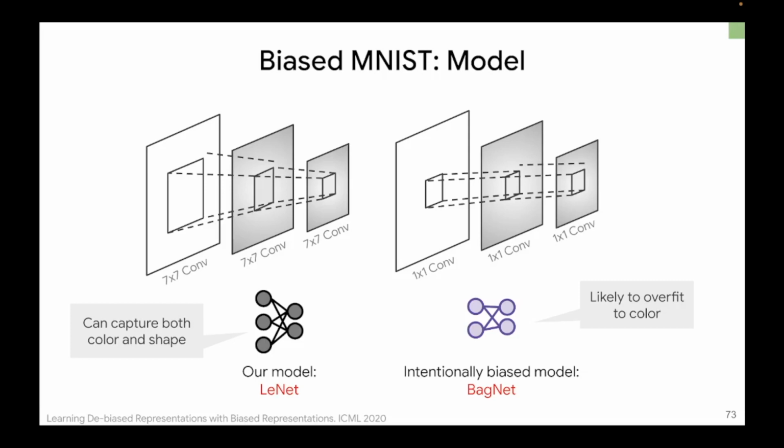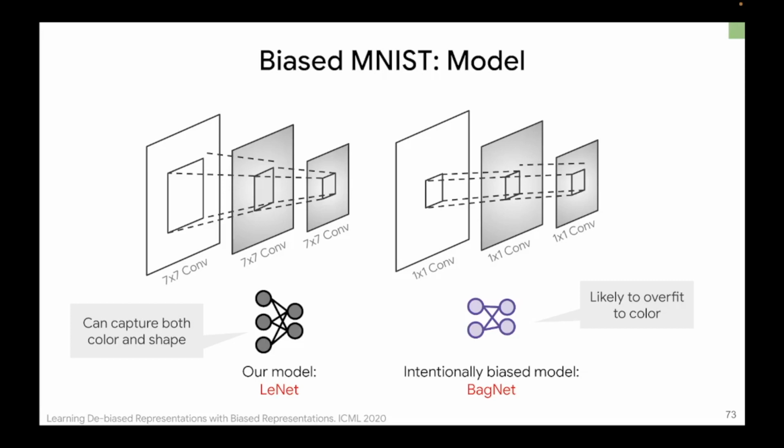And now we have the biased MNIST model. So how are we going to capture this intentional bias to color? One possibility is just to replace all the 7x7 or 3x3 convolutions by 1x1 convolutions. If you have 1x1 convolutions throughout the layers, then the final features will only look at a single pixel at a time, and so that makes the model only aware of pixel-level reasoning.